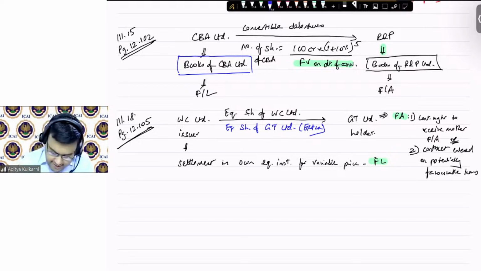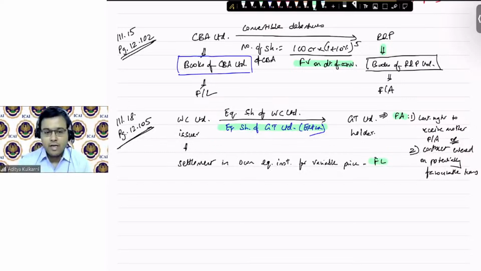So for GT, absolutely right. It will amount to settlement in own equity instruments, but at a variable price. I'm talking about the extra part. As far as GT is concerned, it will be settlement in own equity instruments, but the prices are variable. Therefore, for GT Limited, this is going to be a financial asset. For WC Limited, it is a financial liability because it is an obligation to deliver another financial asset.